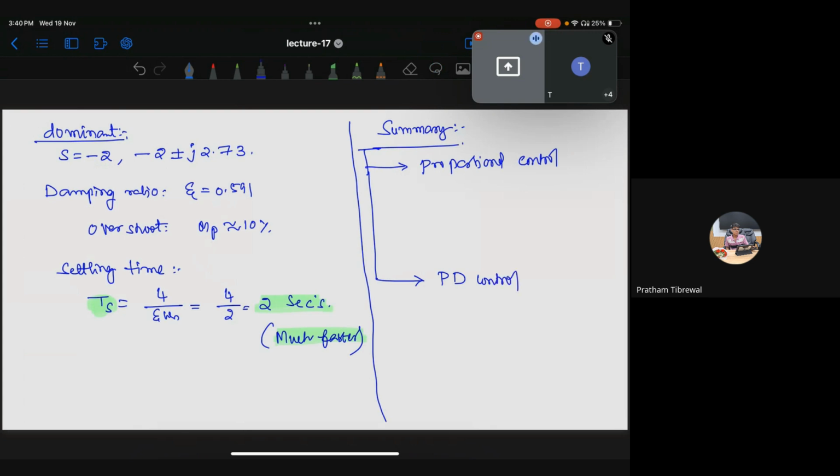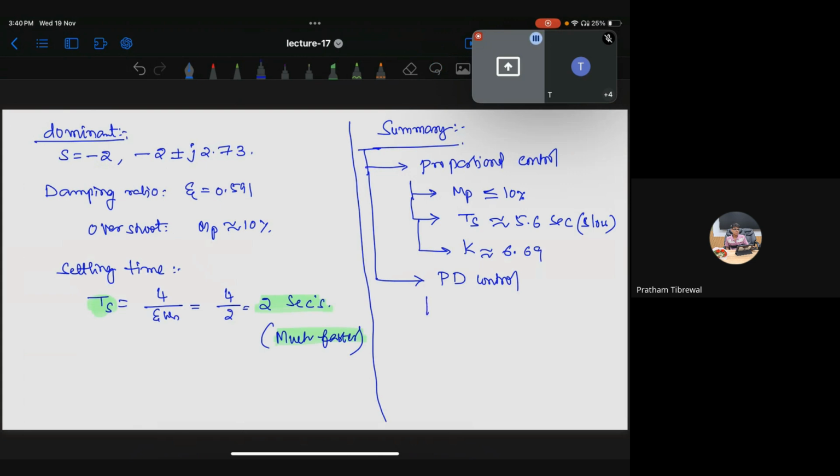With the proportional controller, Mp is satisfied, which is 10% at max, but Ts is 5.6 seconds, so slow, and K is 6.69.